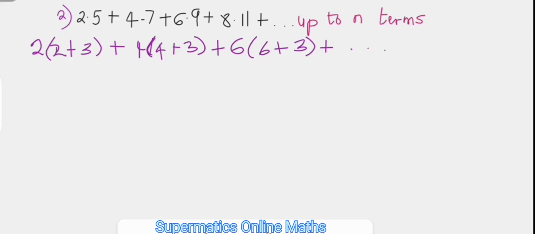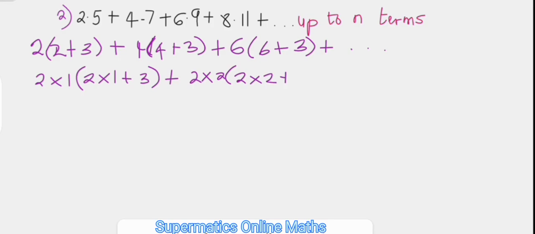Again, we write this as 2 times 1 times (2 times 1 plus 3), so as to get a pattern that we can write a general form for. Plus 2 times 2, which is 4, times, in the parentheses, 2 times 2 plus 3, plus 2 times 3 for 6, and in the parentheses, 2 times 3 plus 3.